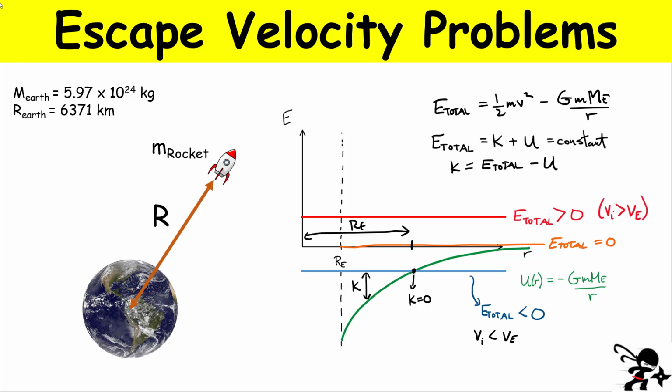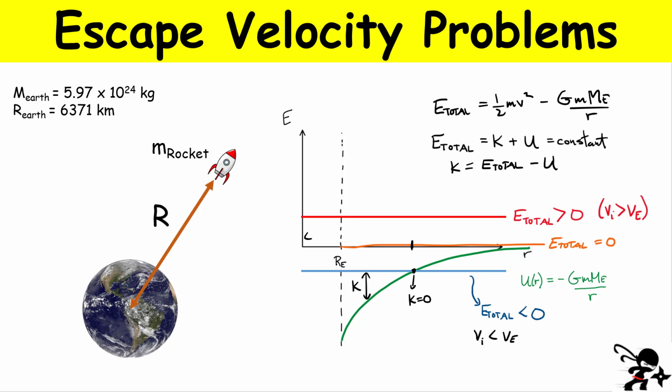So in this case, the total energy of the system is greater than 0. If you substitute in our values here, we can get a number for the total energy, and you'd see that the kinetic energy term is bigger than the gravitational potential energy. So when I take the difference between both of those terms, I get a number that's greater than 0. Remember, the kinetic energy is always the difference between both curves.